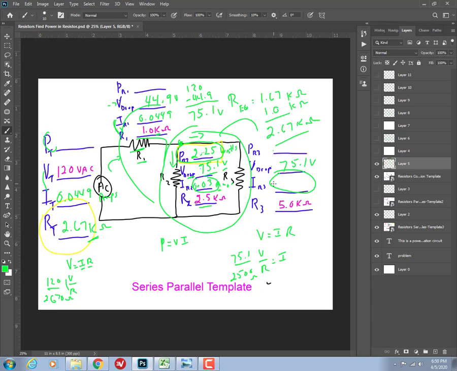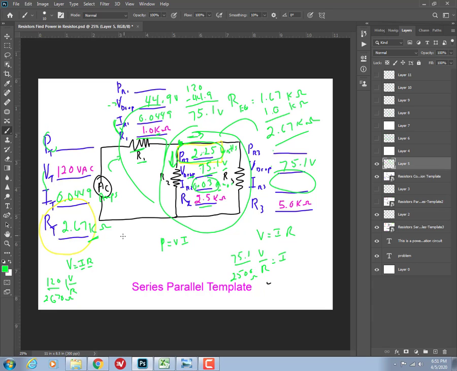Okay, we have power. We're missing a current here. Now notice we have 0.0449 amps going here, and they're going to be split up. Some are going to go that way, some are going to go that way. So how many dropped down? 0.03. How many total are we looking at? 0.0449.